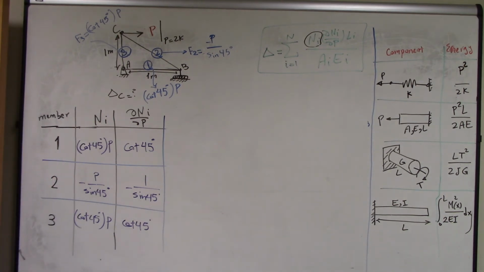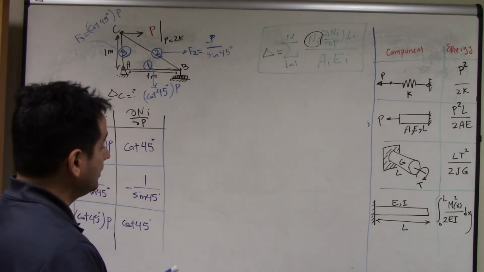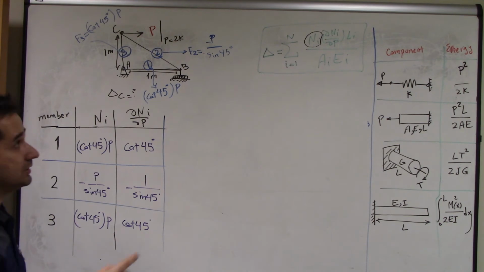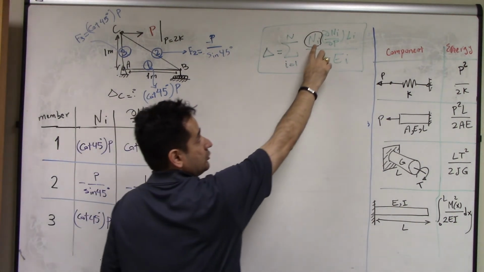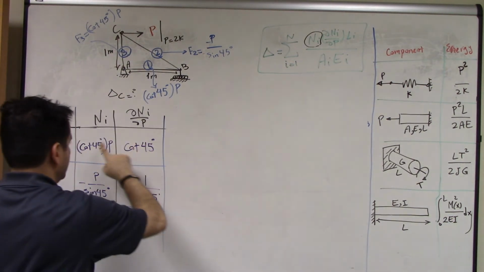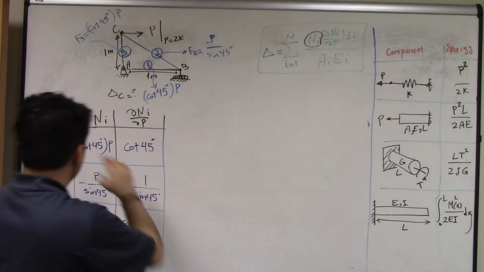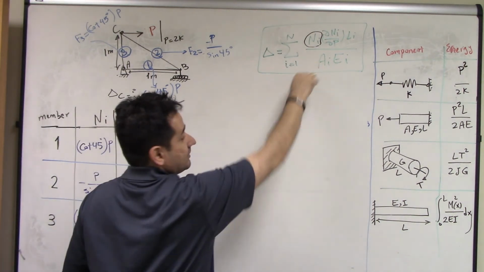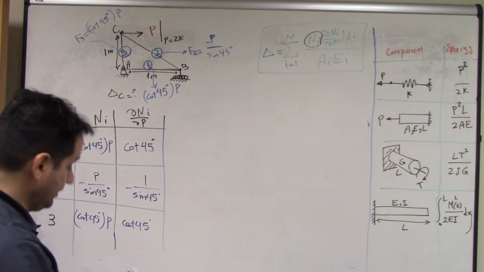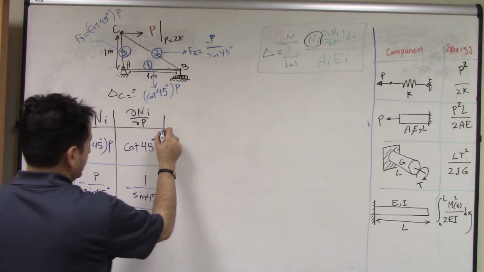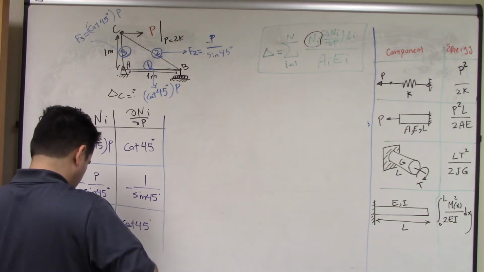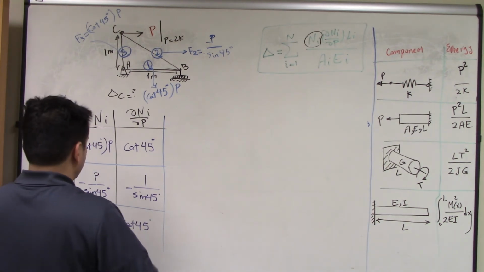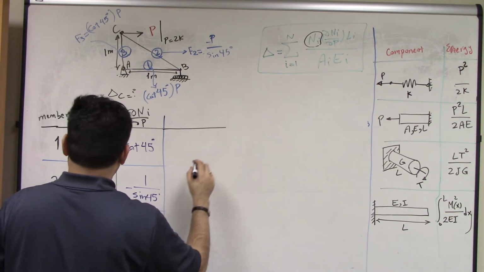That's it. Now, all you need to do, look at this formula. You need to multiply this together. So this times this, this times this, this times this, and add them together. Right? So let's make another column. Let's extend this a little bit.